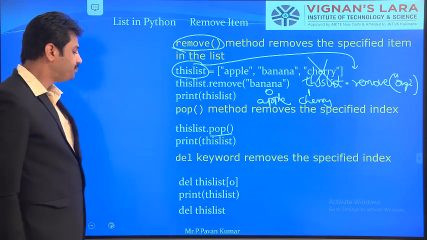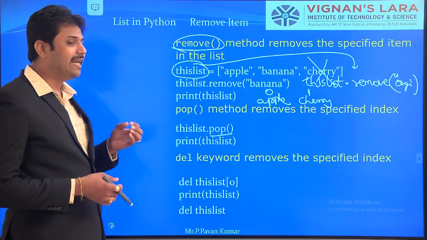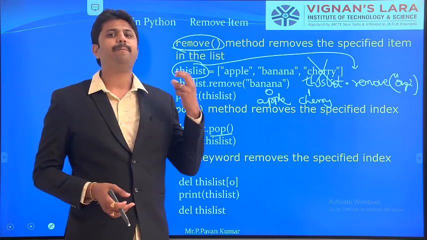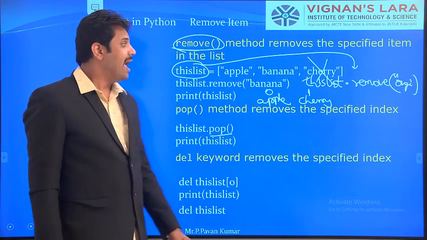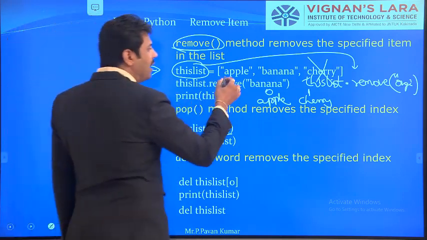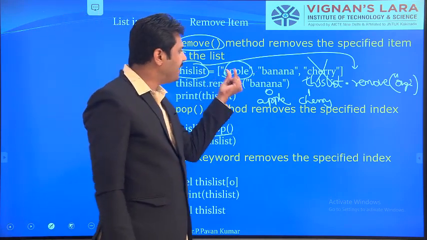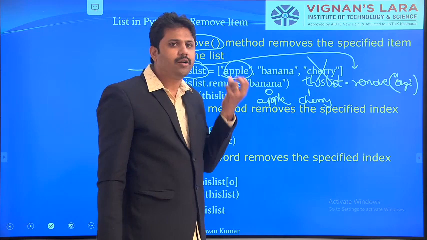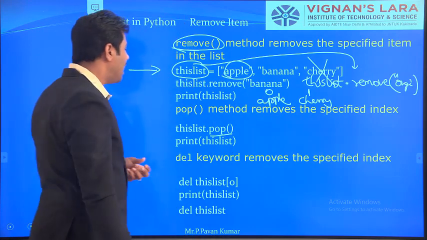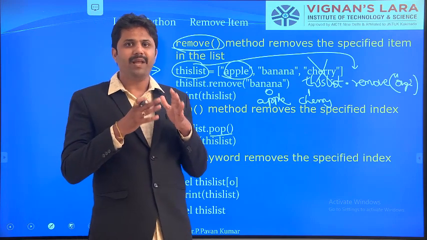Next one. Del is used to delete a value at a particular index. Remove is the item-based deletion. That means you say which item you want to delete, apple or banana, and it performs the delete operation.